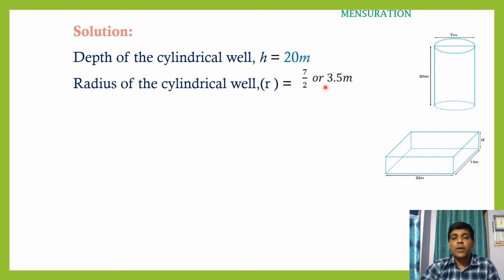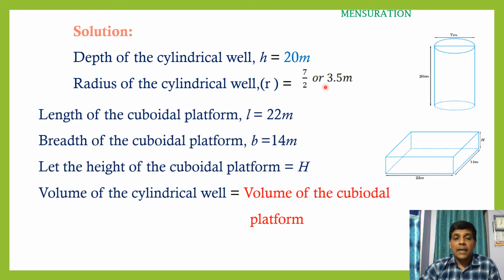The length of the cuboidal platform, L, is equal to 22 meters. The breadth of the cuboidal platform, B, equals 14 meters. Let the height of the cuboidal platform be h.